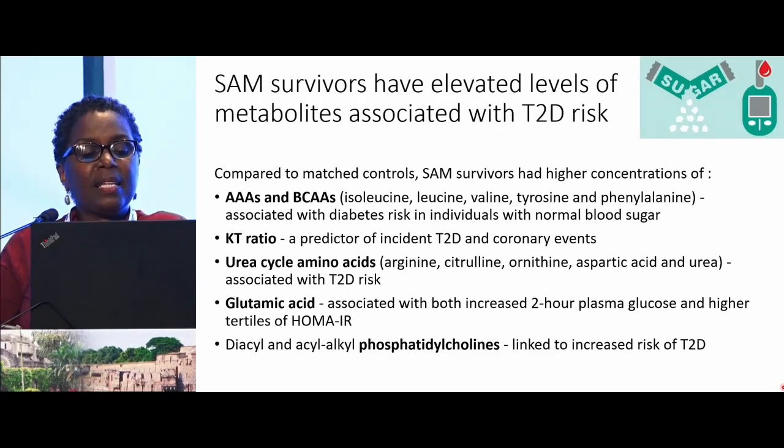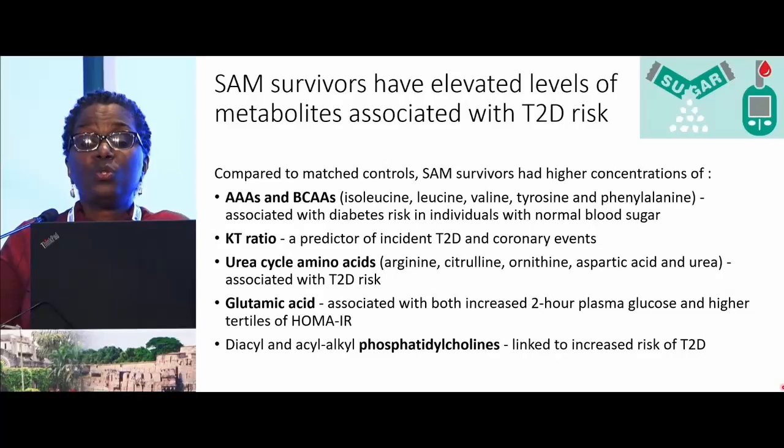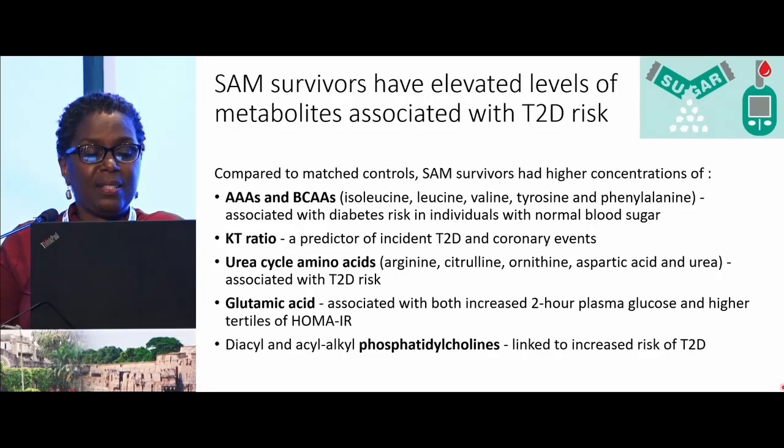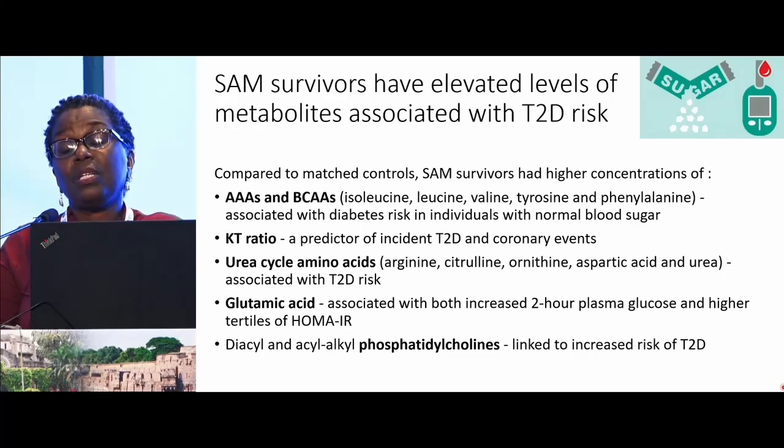The urea cycle amino acids were also higher in SAM survivors, and these are known to be associated with type 2 diabetes risk. Glutamic acid, which is associated with both increased 2-hour plasma glucose and higher tertiles of HOMA-IR, was also elevated in SAM survivors, as well as some groups of phosphatidylcholines, which are linked to increased risk of type 2 diabetes.